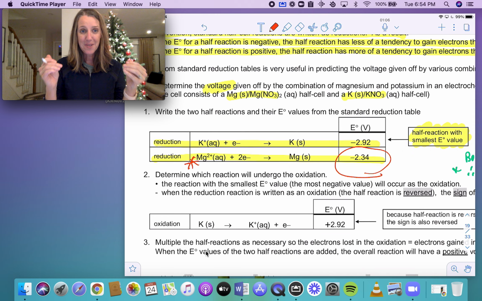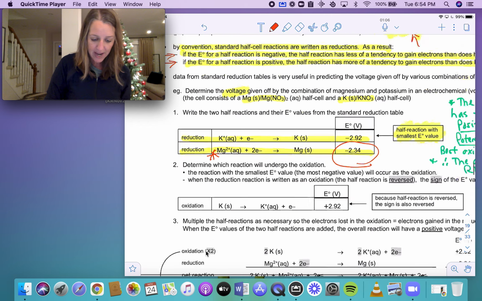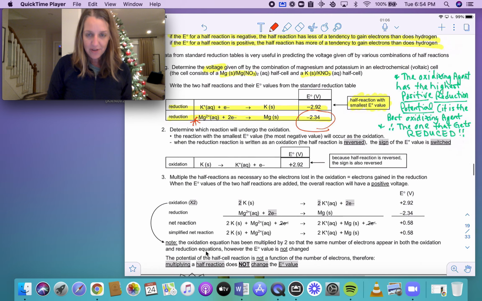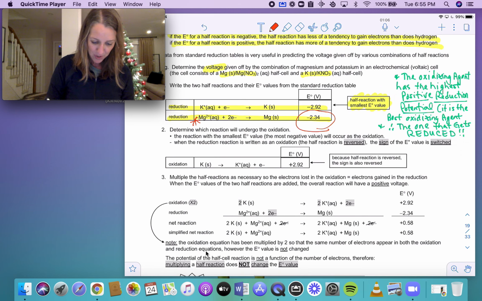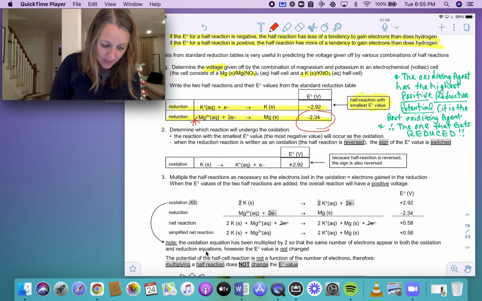Therefore, the potassium is the one that's going to get oxidized. I write them down as such down below. So here I go. I know that it's going to be the potassium that gets oxidized.